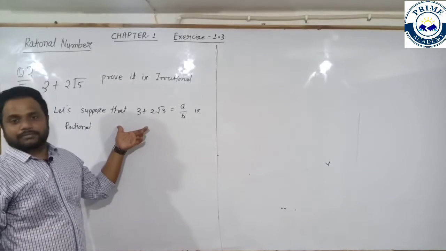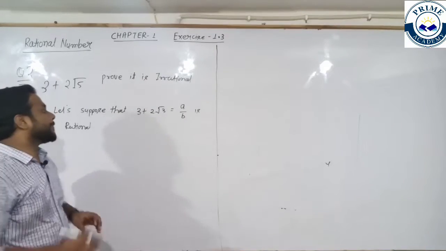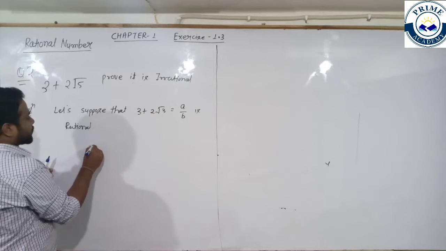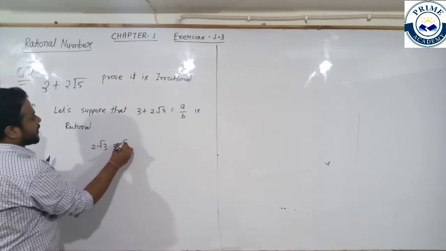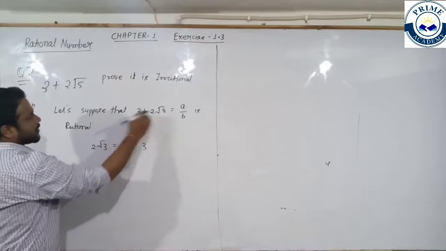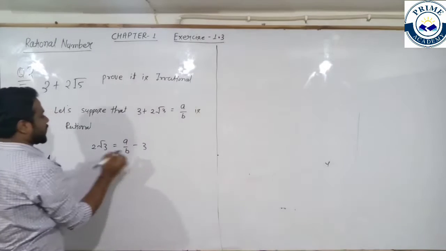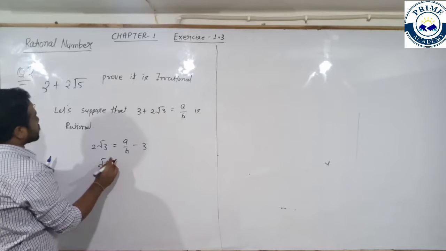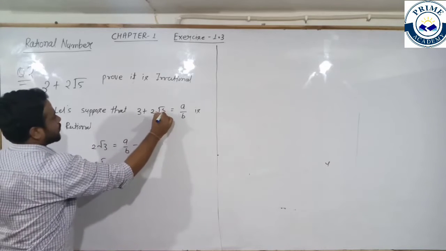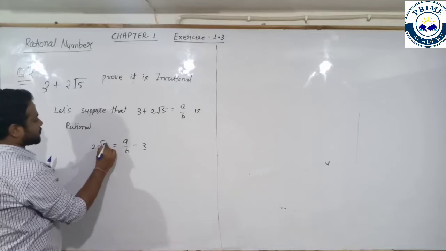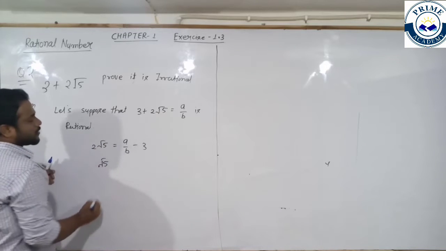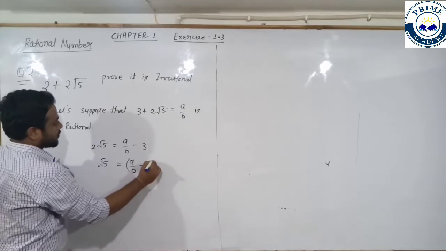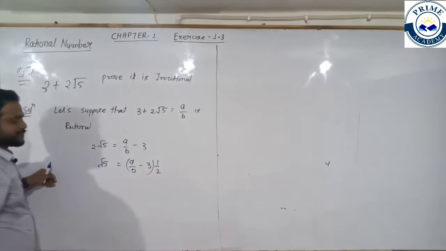So every rational number we can write as a by b, right? So just transpose this one. 2 root 5 equals a by b minus 3, sorry, this was 5, right? So root 5 equals (a by b minus 3) upon 2.